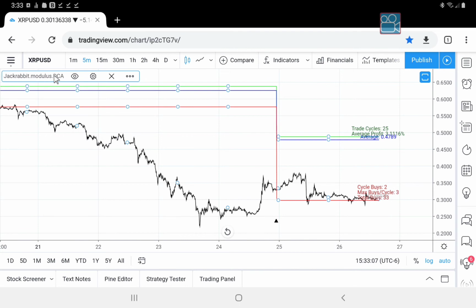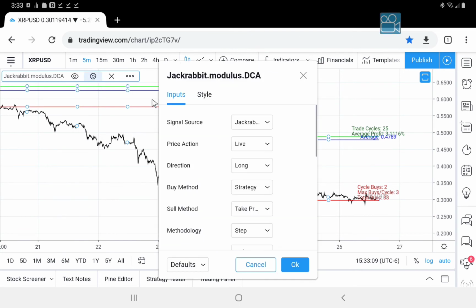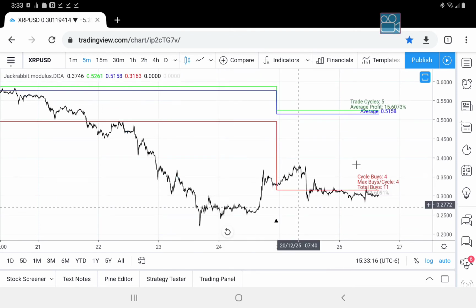Let's put this back in strategy mode. So here we are, 5 trades, 15% profit, maximum exposure right now is 4 positions or $44. So 75% profit in 1 month is what this would have made as a rough average.